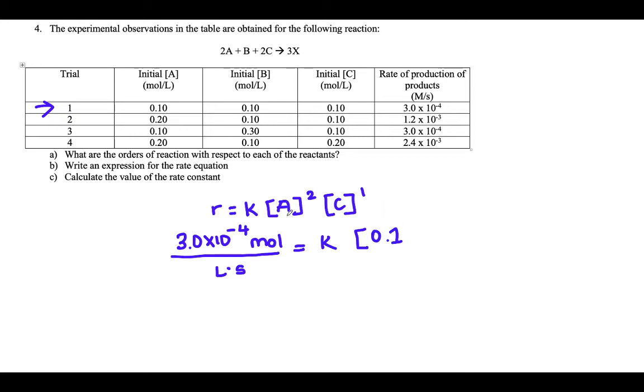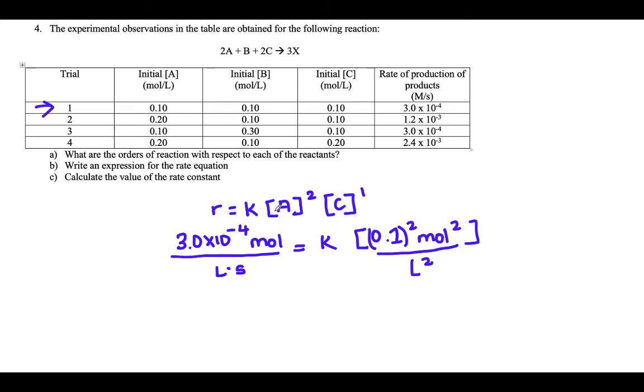Now, the concentration of A is squared. So everything inside of this bracket, everything that is the concentration of A, gets squared. So it's 0.1 squared. The unit, which is moles per liter, becomes moles squared divided by liter squared, because it was 0.1 moles per liter but we're squaring it.